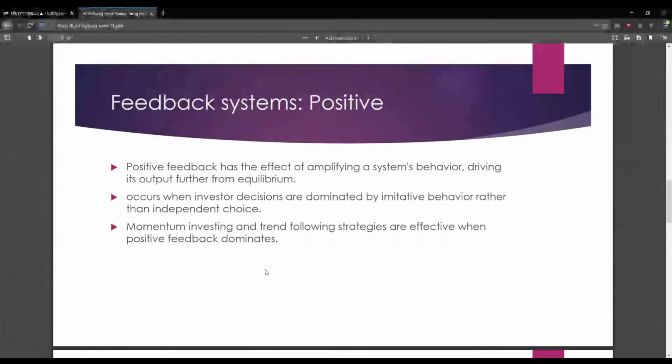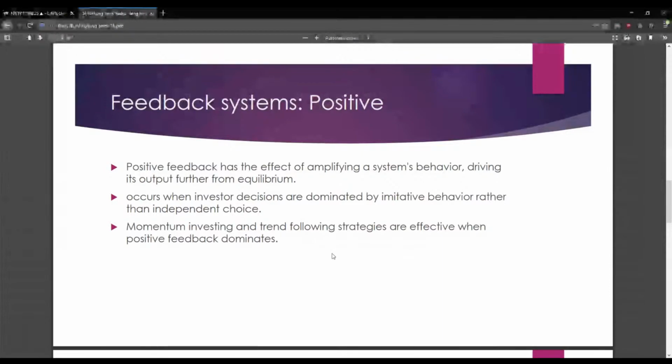And positive feedback is exactly the opposite. It amplifies a system's behavior. You can think of a bubble, you can think of what happened to Z Limited. There was a fairly positive news flow, and because of that, many investors imitated one of the prominent investors that we know, and instead of making their own independent choice of going through the businesses and assets, they followed the prominent investor and amplified the behavior of price.